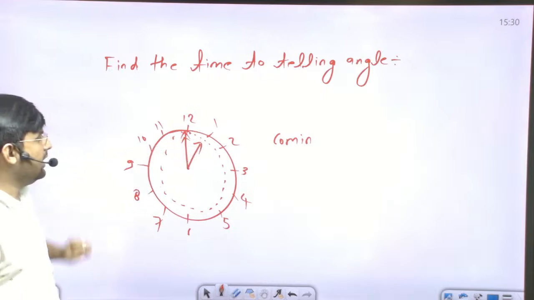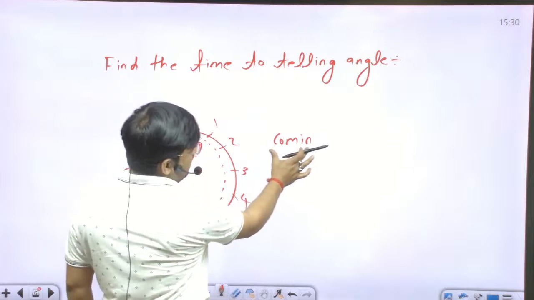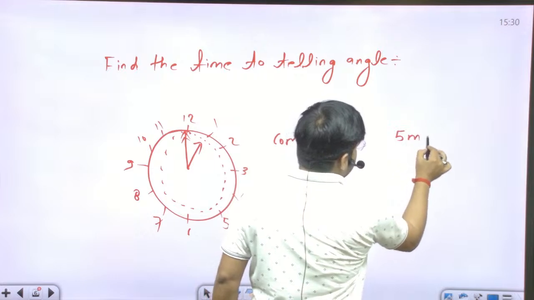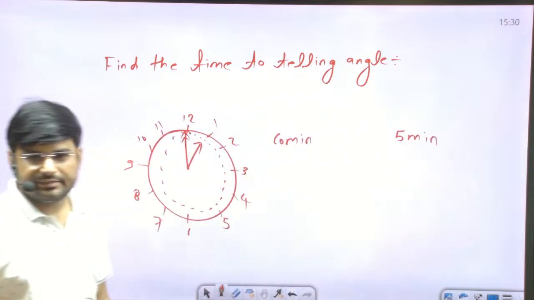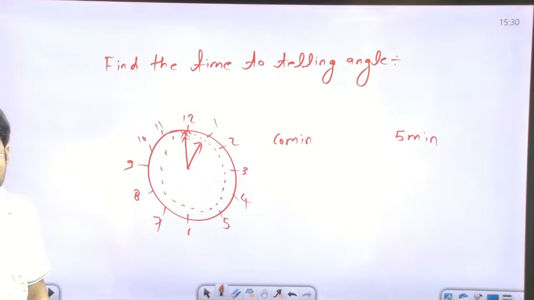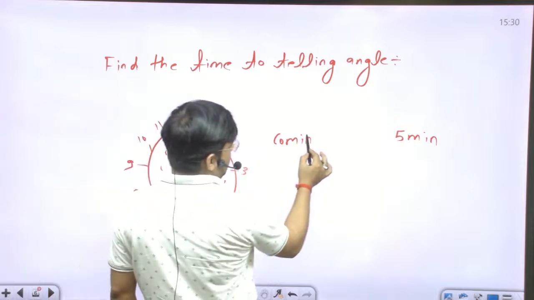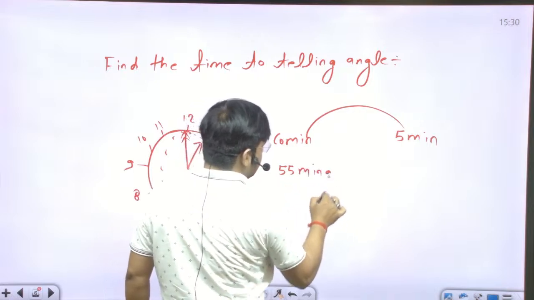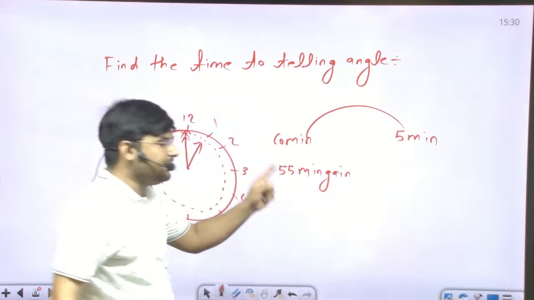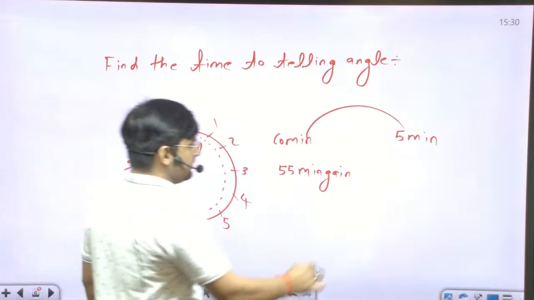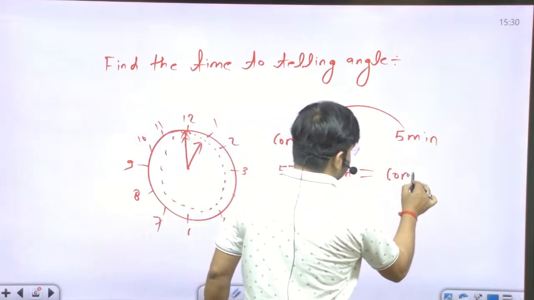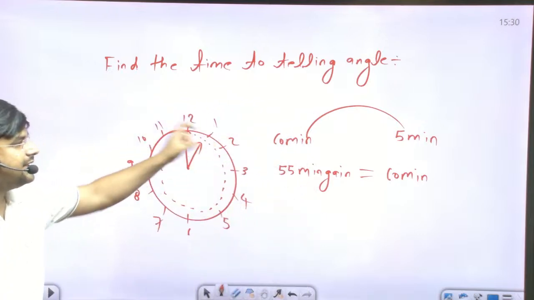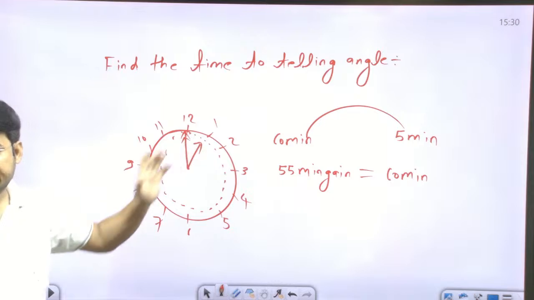Clear? So when the minute hand rotates 60 minutes, then the hour hand rotates only 5 minutes. So the minute hand gains 55 minutes in 60 minutes, because all the time is taken by the minute hand and hour hand as 60 minutes.